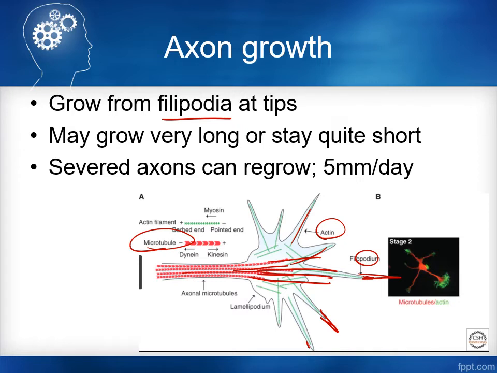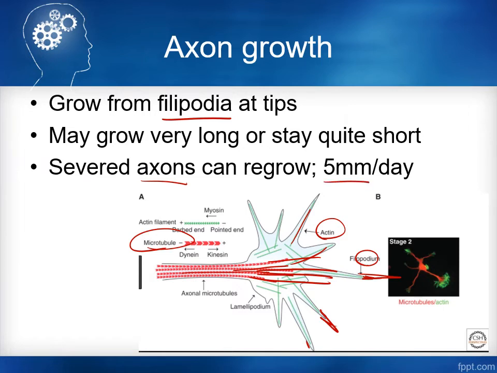So these filopodia, they can get crazy, crazy long. We have nerve cells that go from the base of our spinal cord all the way to the ends of our big toes. Single nerve cells with crazy, crazy long axons that go from our tailbones to our toes. Cool thing about axons, they can grow pretty fast, 5 millimeters a day.